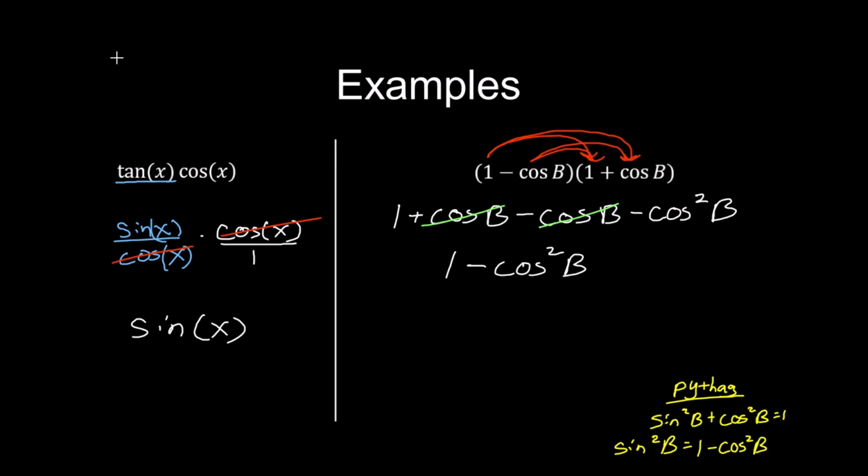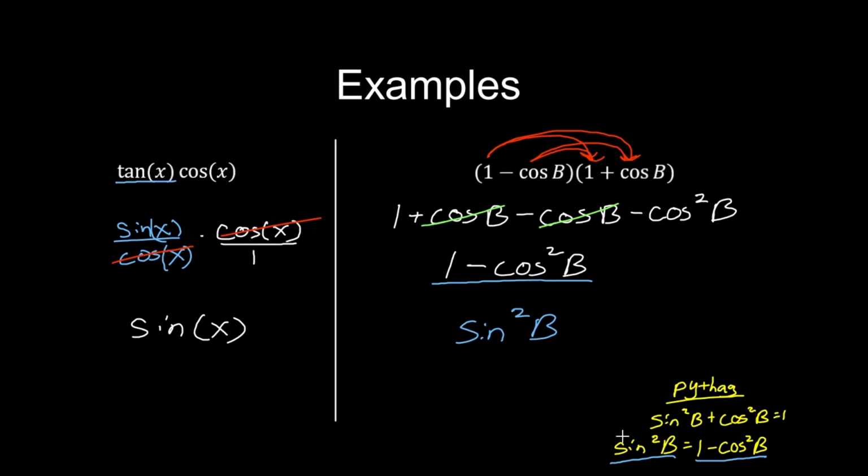The Pythagorean identity is always true, so if you subtract cosine squared b, which is a valid math move, you have discovered that 1 minus cosine squared b is equivalent to sine squared b. Well, I have 1 minus cosine squared b, so it is equivalent to sine squared b.